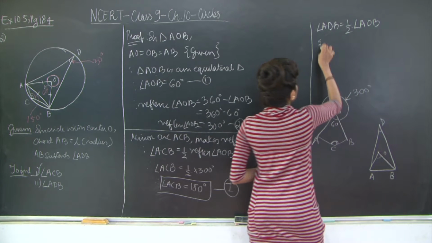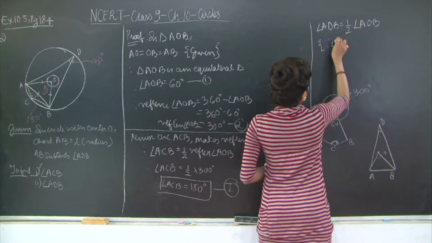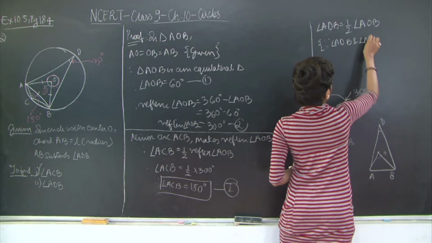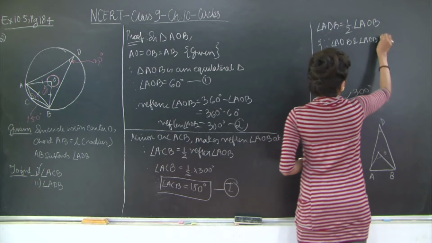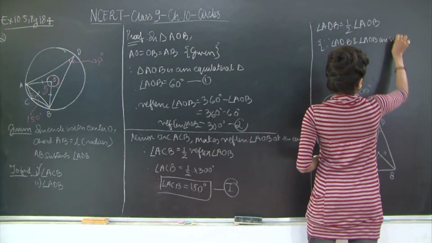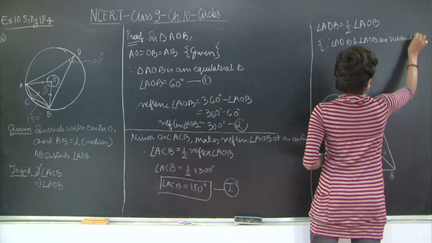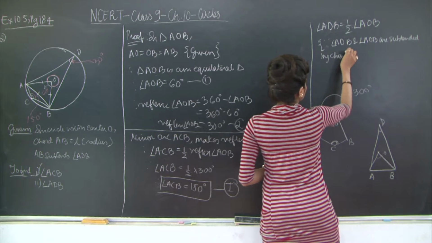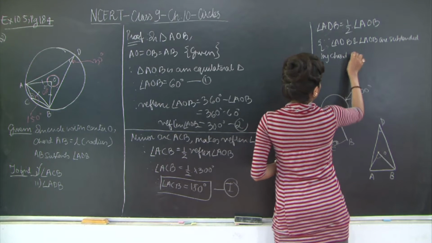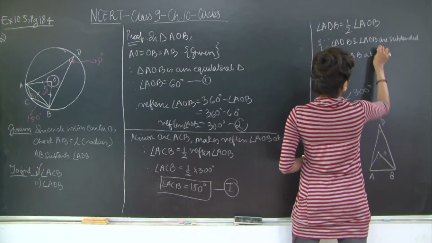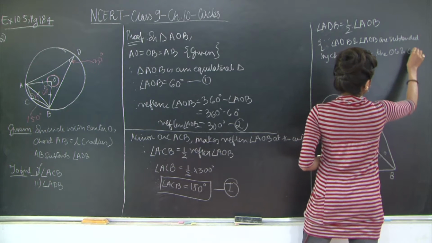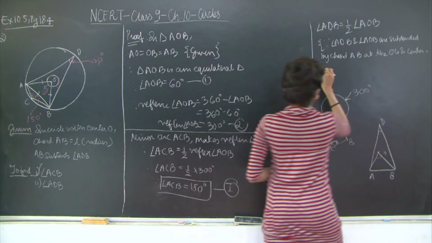So since angle ADB and angle AOB are subtended by chord AB at the circumference and center respectively.